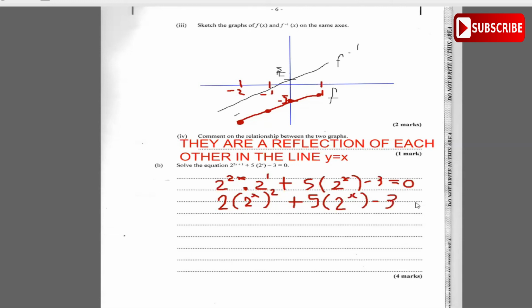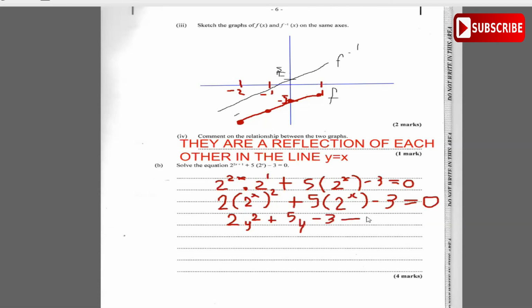Now you may realize that this is like a hidden quadratic. If you call 2 to the x y, this is like you have 2y squared plus 5y minus 3, and that equals 0.